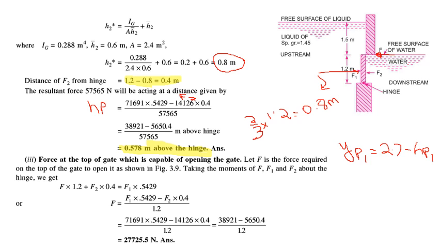So force F into its lever arm, which is 1.2, plus F2 into its lever arm 0.4, is equal to F1 into its lever arm, which is 0.5429. Rearranging this expression, we calculate the force F, which came out to be 27725.5 Newton.